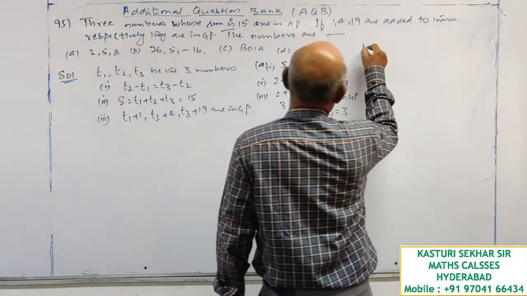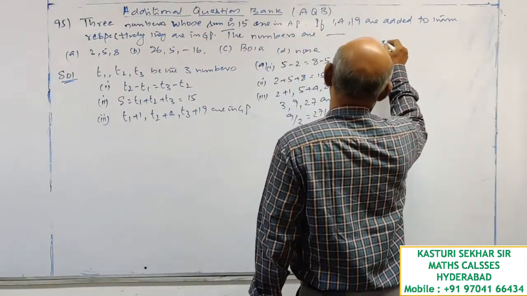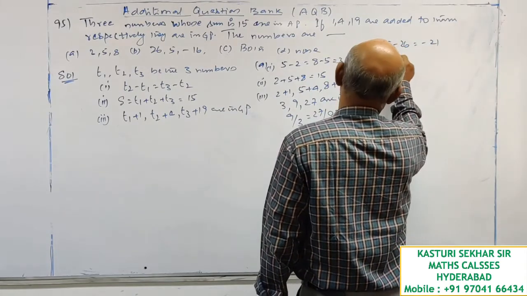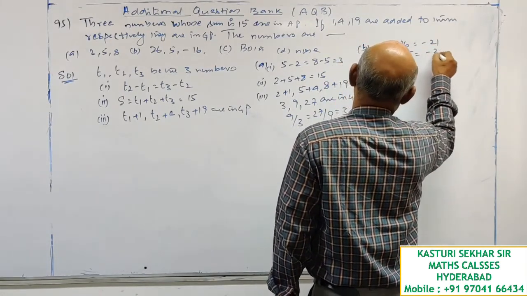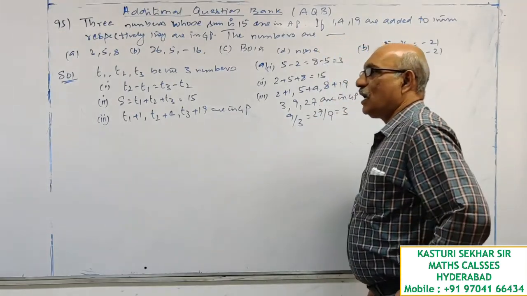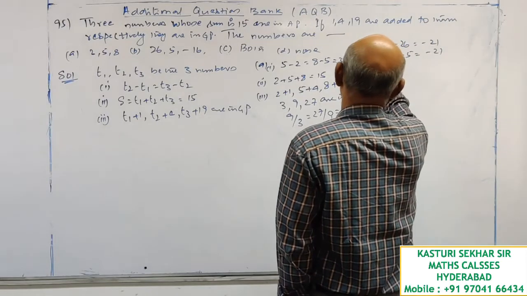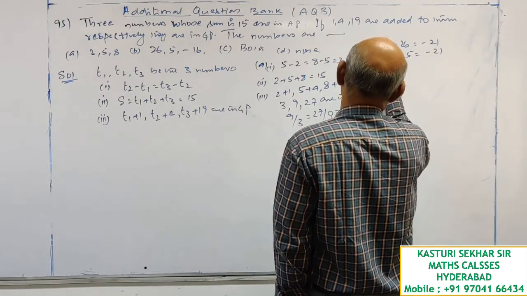Let us check option B also. 5 minus 26 is minus 21. Minus 16 minus 5 is minus 21. For option B also, common difference is the same. First condition is also satisfied.